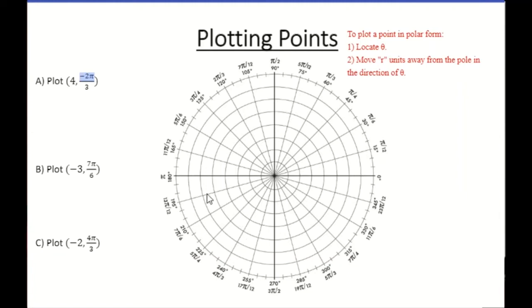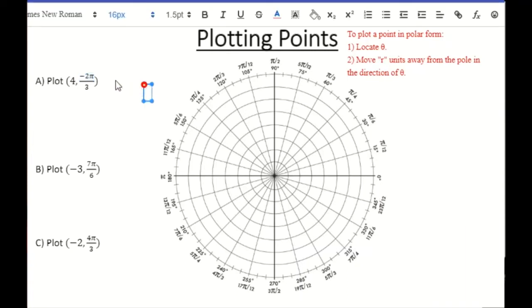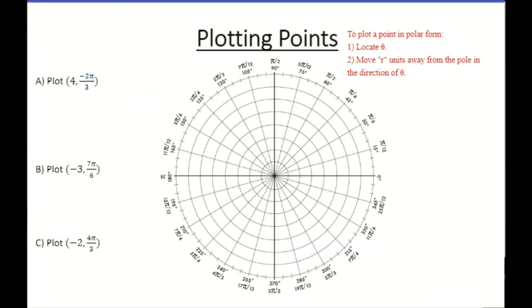One easy shortcut to figuring out exactly where that angle measure should be is just to reflect the positive angle measure over the x-axis, and that'll give you exactly where it should be. So in other words, if I reflect this terminal side of positive 2 pi over 3 over the x-axis, we see it overlaid with 4 pi over 3. And so that angle measure really is right here. So that is where -2 pi over 3 is.